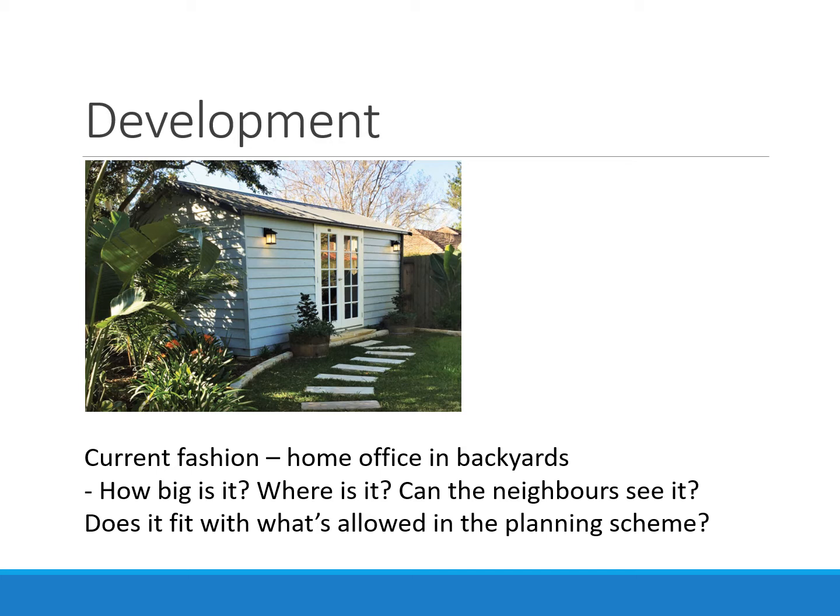Home offices in backyards is a bit of a thing to give people a bit of separation between home and work. And so with any development, you're wanting to know how big is it, where is it located on the property, how might the neighbours be affected, does it fit with what's allowed in the planning scheme?